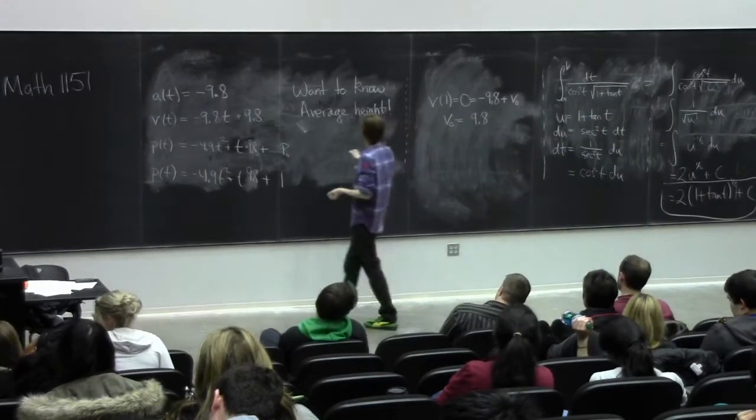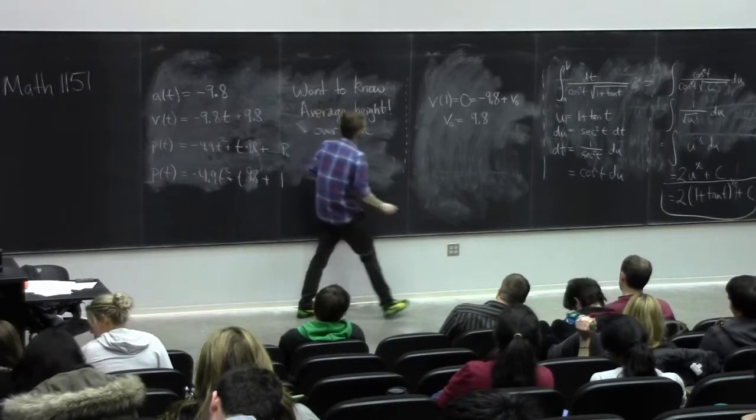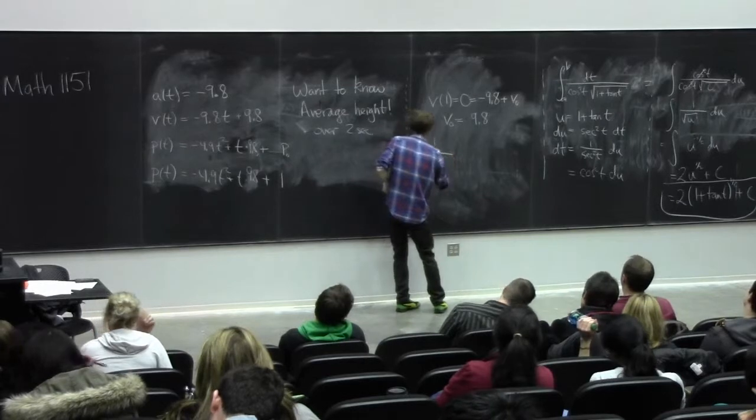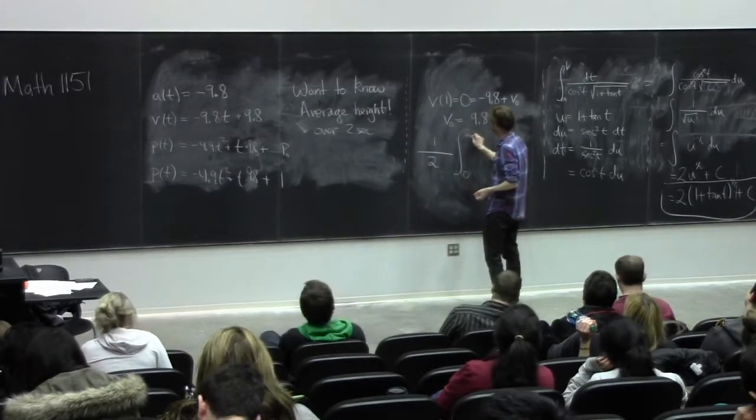So if I want to know the average height over 2 seconds, what you do is 1 over 2 times the integral from 0 to 2.